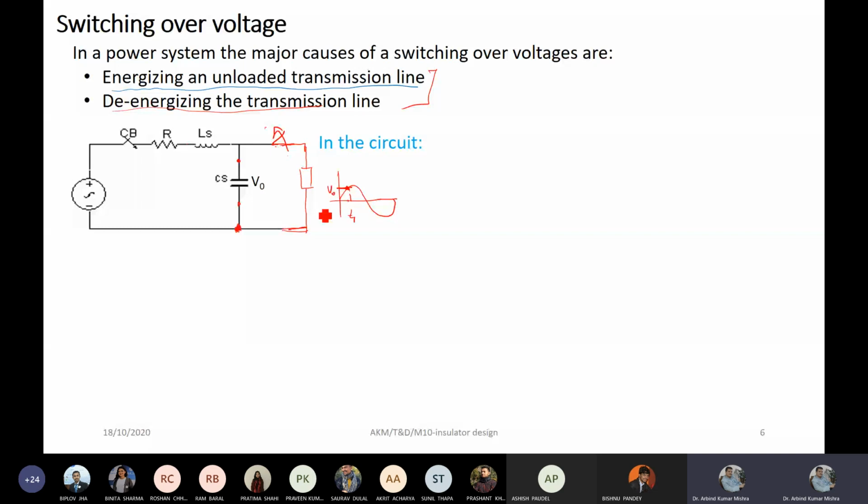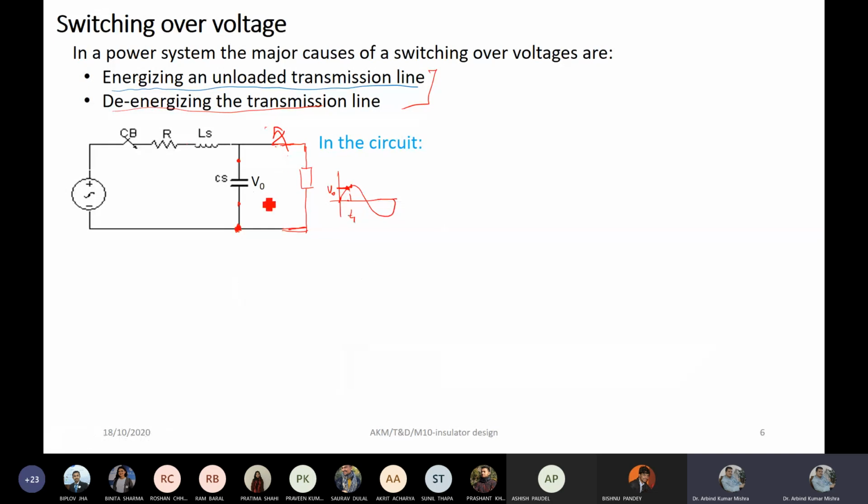So this depends upon the trapped charge. How much trapped charge will be across this capacitor depends on the instant of time at which the switching has been done.